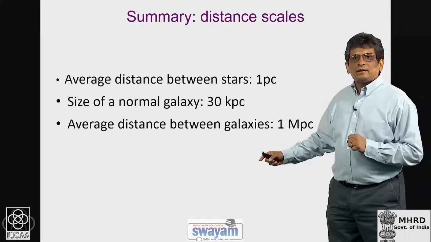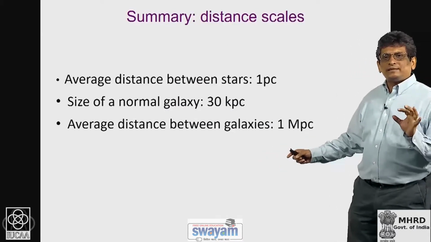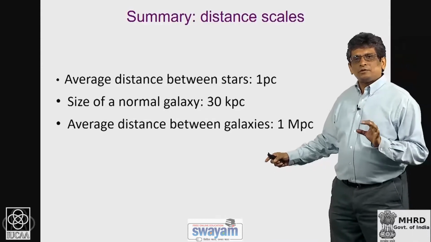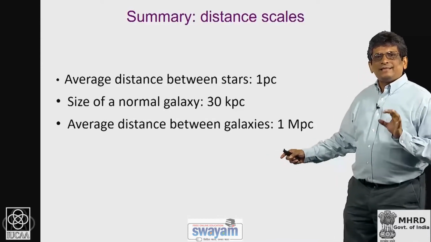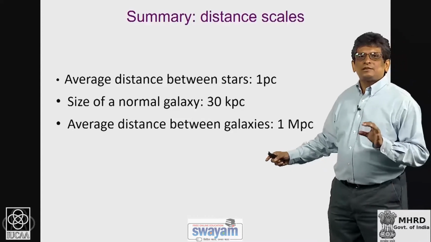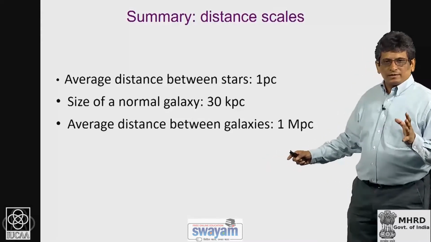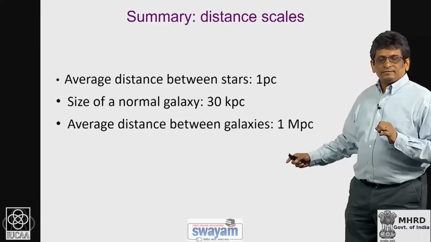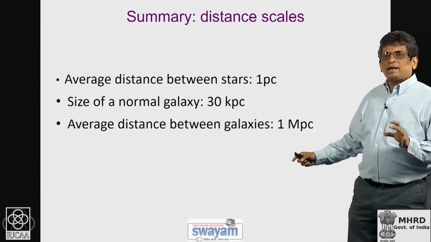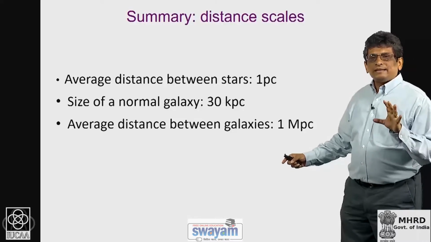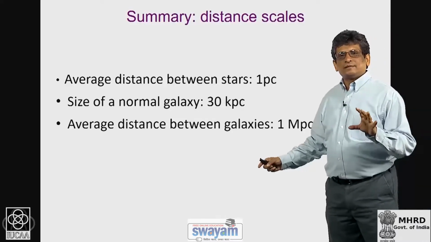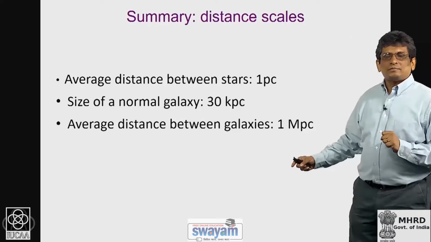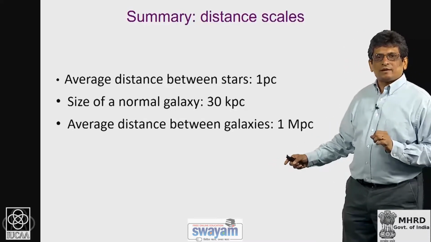Let's summarize. We use the basic distance unit in astronomy, 1 parsec, 3.26 light years. And this actually happens to be the average distance between stars. Our nearest star is about a parsec away from the Sun. The size of a normal galaxy, at least the bit that we see, the stellar part of the galaxy, is about 30,000 parsecs or 30 kiloparsecs large.